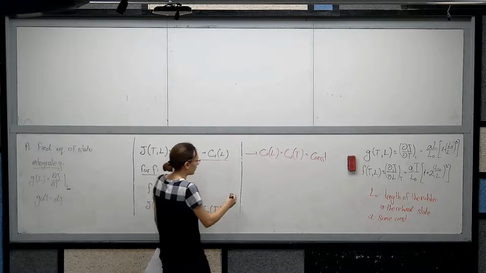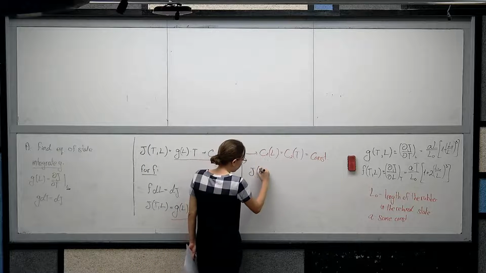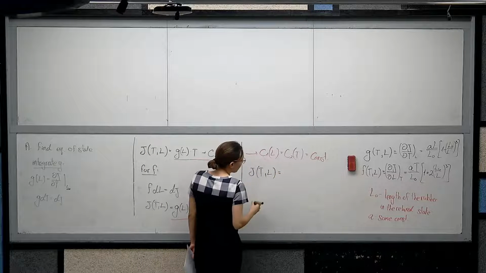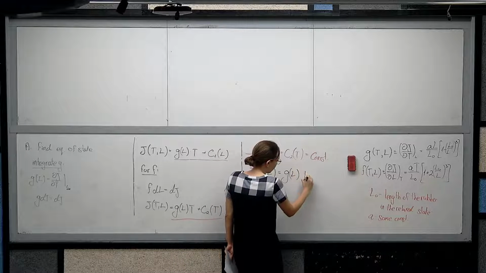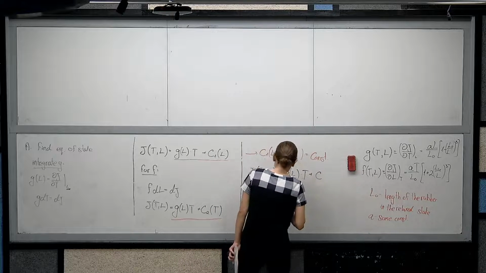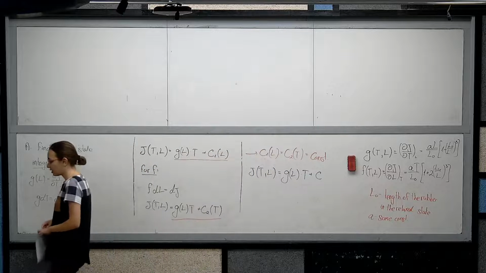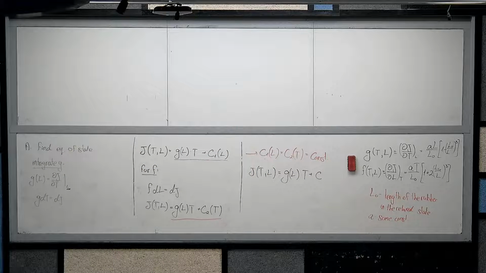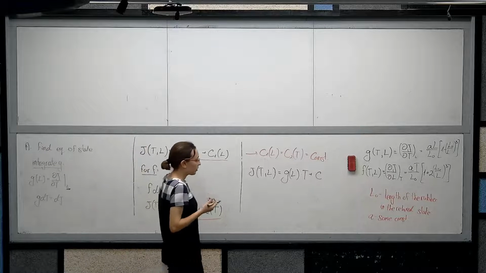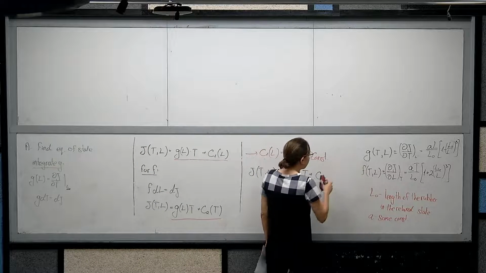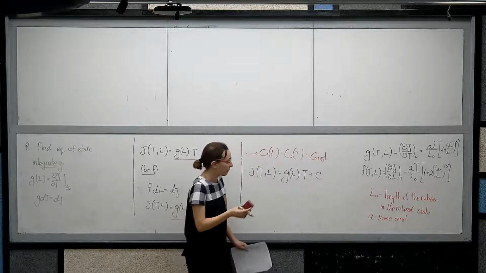Okay. So we have J(T, L) equals the function G times T plus some constant. And what is this constant? We need to go back to the question and see what other thing we know about the system.